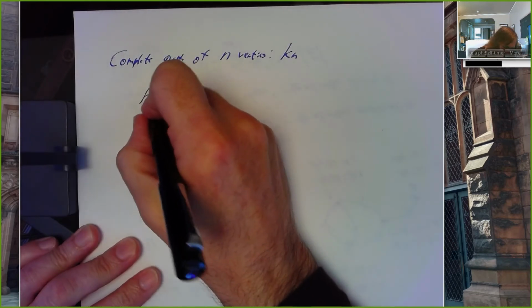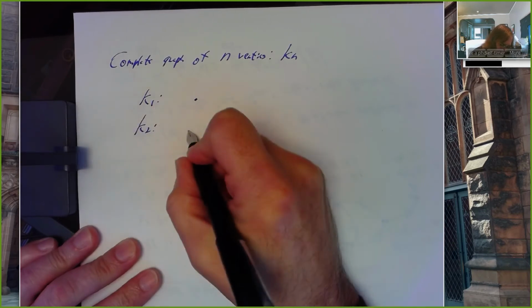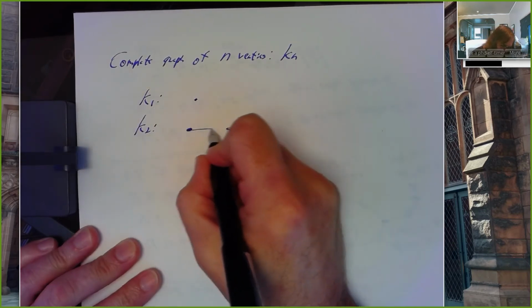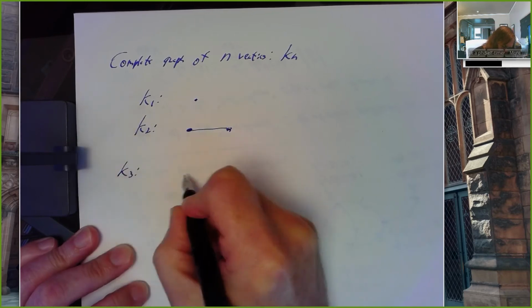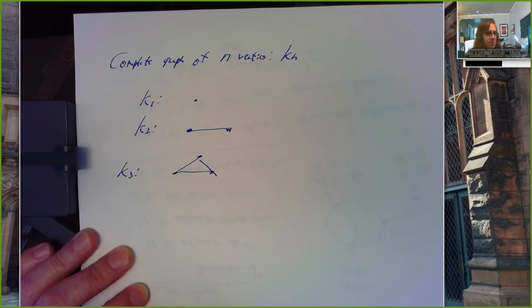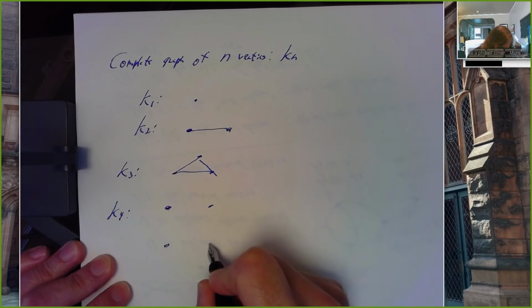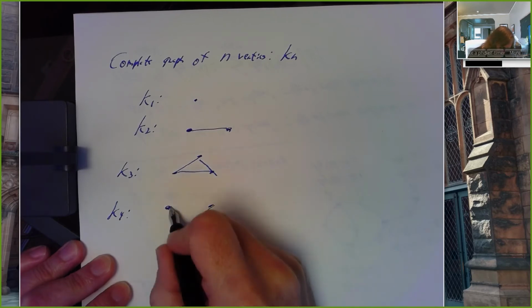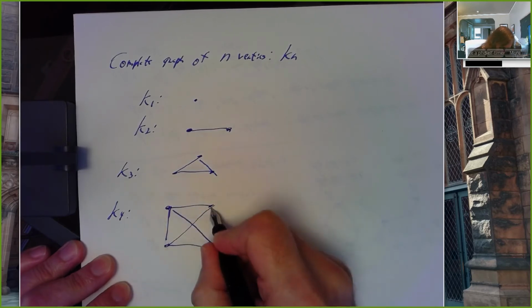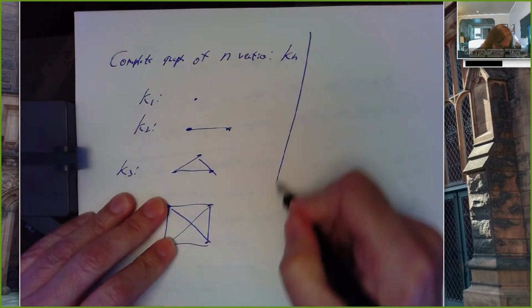So K1 just looks like a dot. K2 is just two vertices connected. K3 will be three vertices connected in a triangle. K4, we'd have four vertices and connections between every pair of them. So it looks like that, and so on. So those are complete graphs.